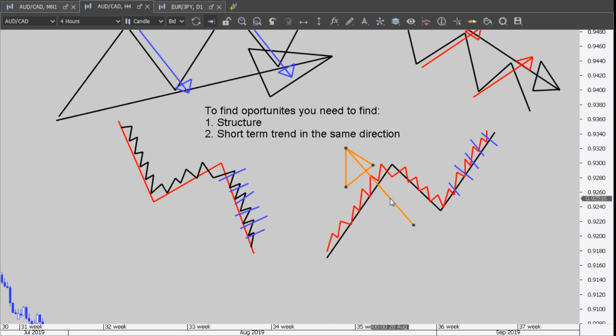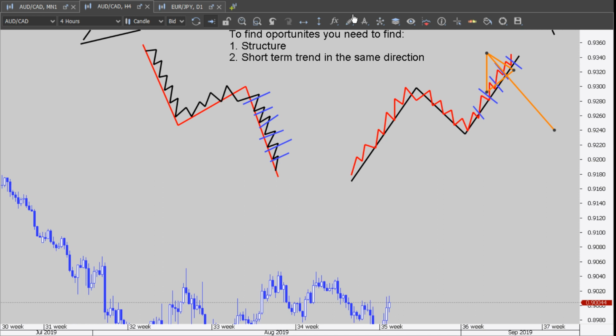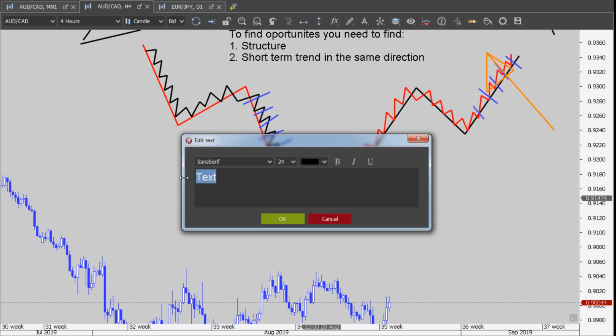One more rule. It's a rule. You can draw a CT, which stands for counter trend line, on a minimum of 3 candles.